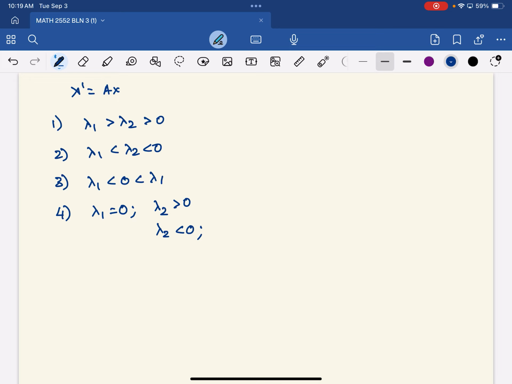Now the second set is you could have real and equal eigenvalues, but they are positive. Real and equal eigenvalues, but they are negative. That's a second possibility.